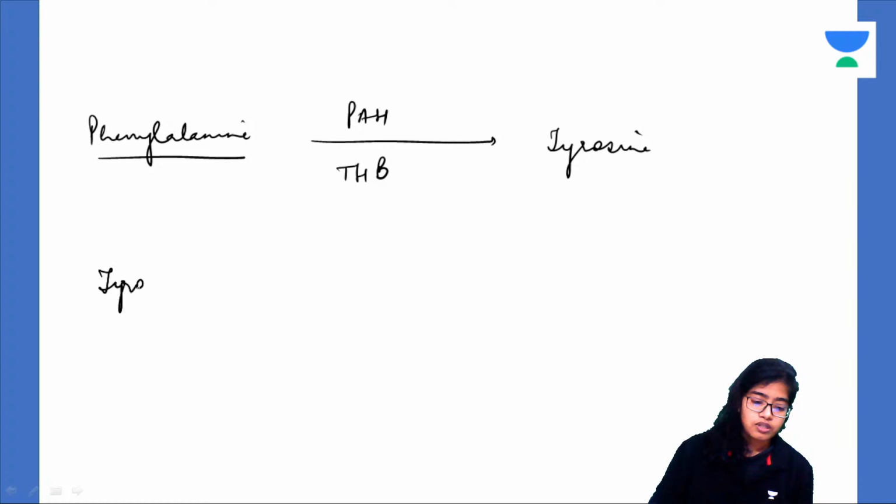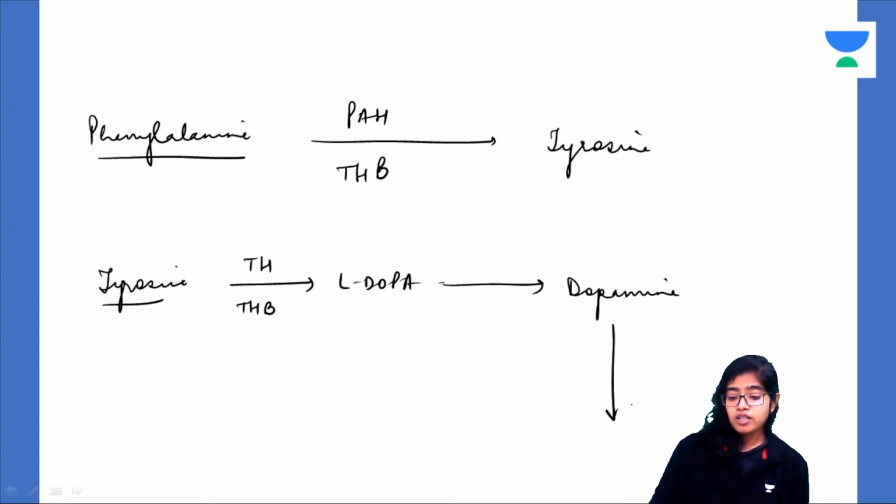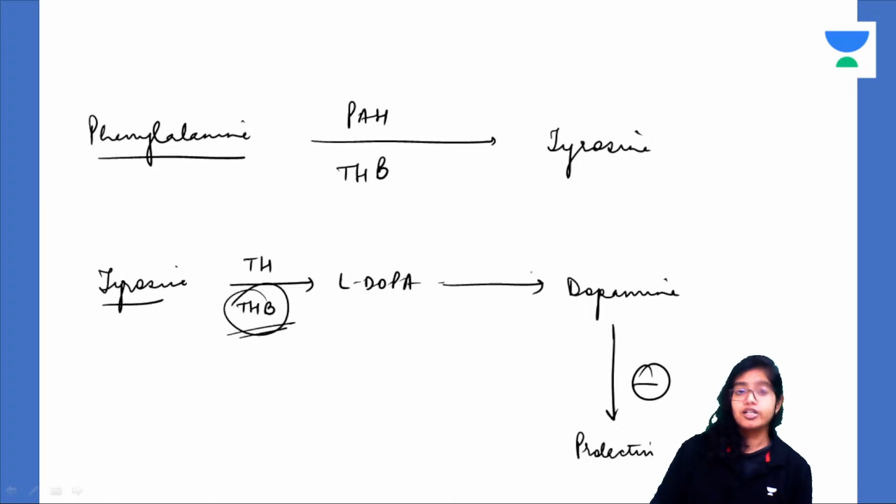Now this tyrosine is converted to L-dopa by tyrosine hydroxylase, and tetrahydrobiopterin is the cofactor here as well. This L-dopa is converted to dopamine, which is a catecholamine. Tyrosine is required for catecholamines, and this dopamine inhibits prolactin synthesis. Understood this much? Tyrosine gets converted to dopamine, and this dopamine inhibits prolactin. For this reaction also, tetrahydrobiopterin is the cofactor.